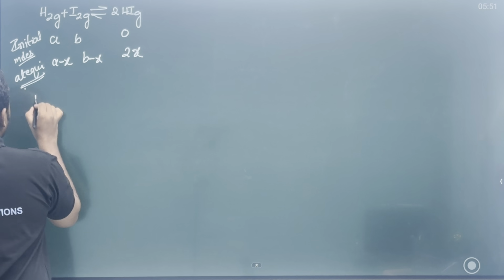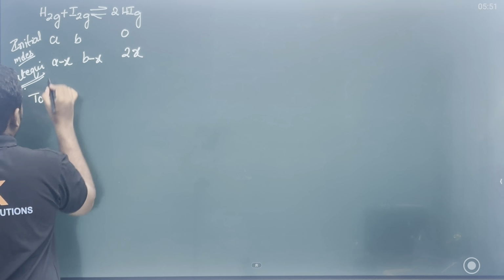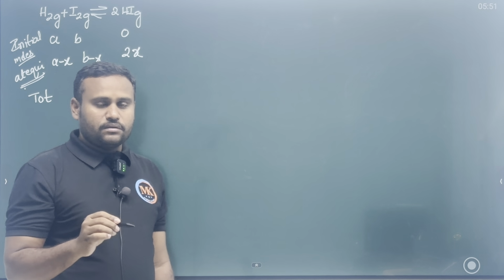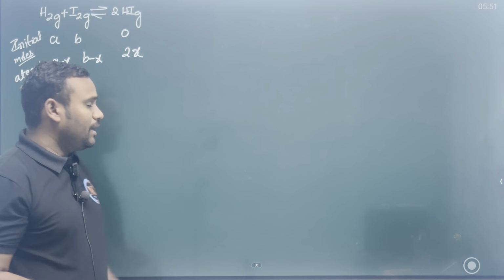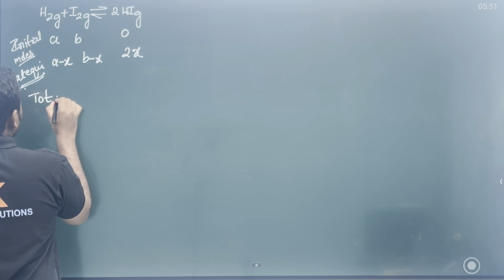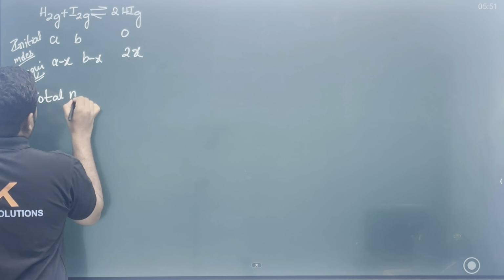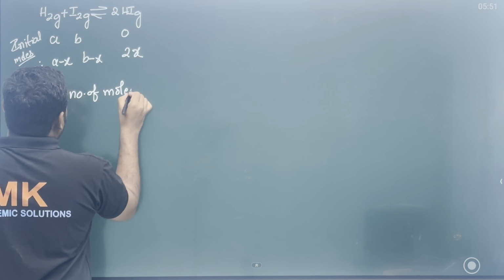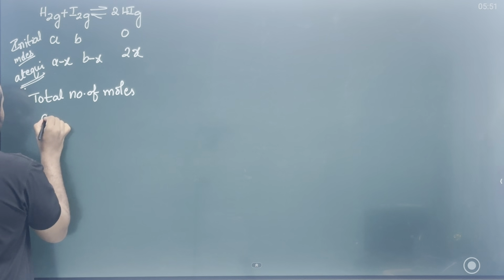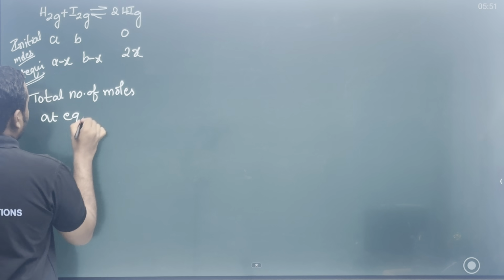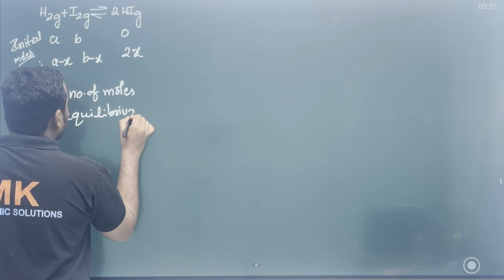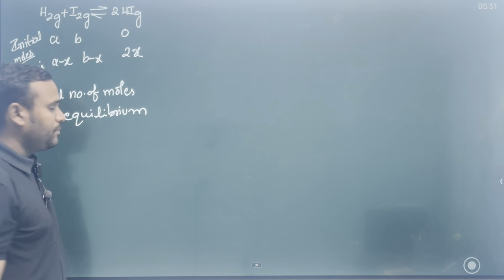Now, while calculating the Kp here, we need to calculate the partial pressure. For that purpose, first we need to calculate the total number of moles at equilibrium. So what is the total number of moles at equilibrium, children?